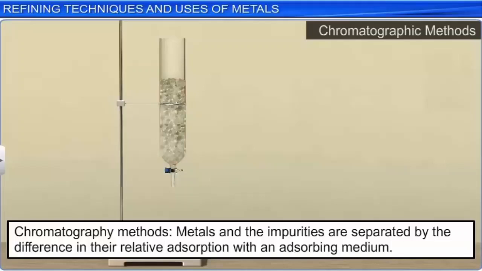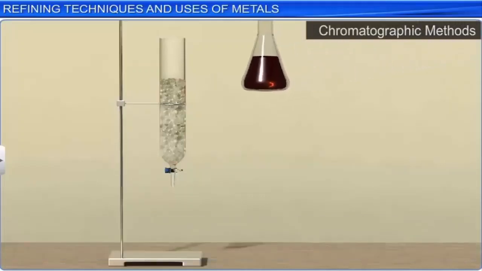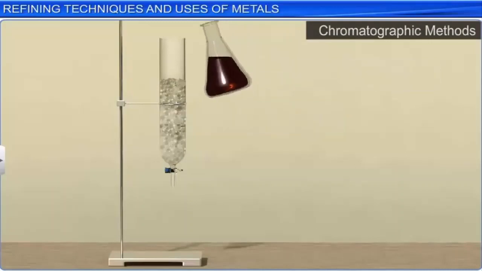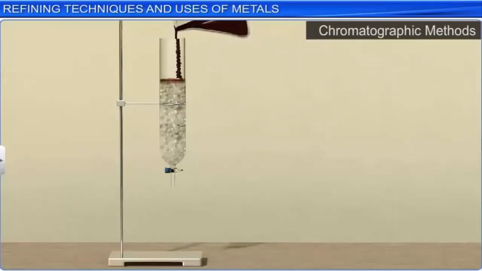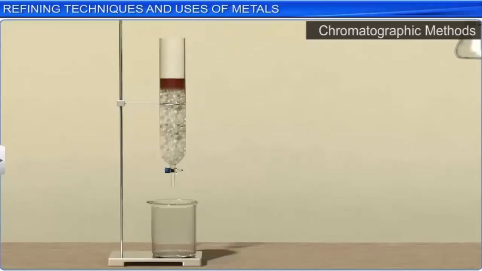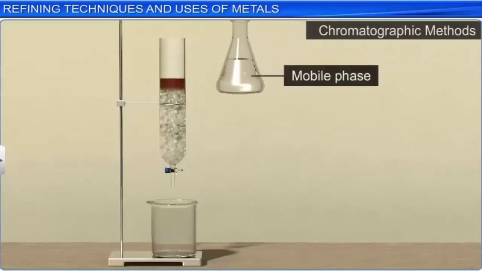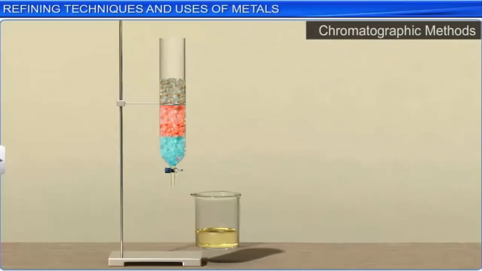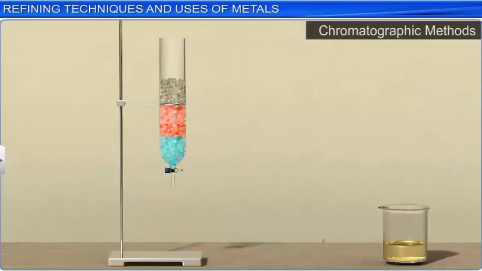The mixture to be separated is applied onto a stationary phase, and a mobile phase is allowed to run slowly over the stationary phase. The components in the mixture get partitioned between the mobile phase and the stationary phase, and thus get separated.